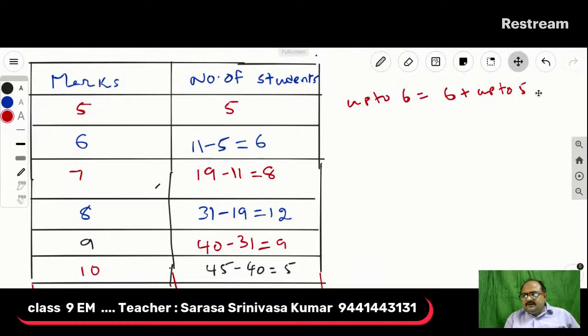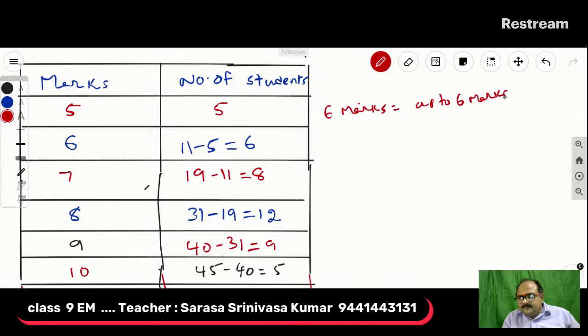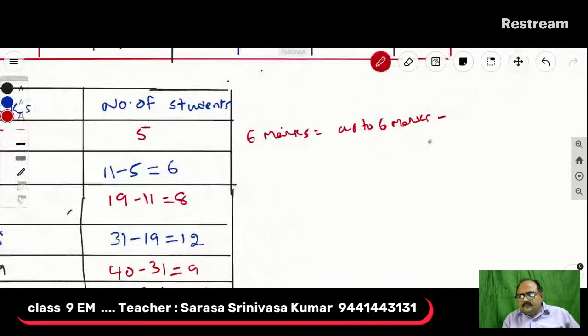So 6 can be written as the difference of up to 6 minus up to 5. 6 marks equal to up to 6 marks minus up to 5 marks.